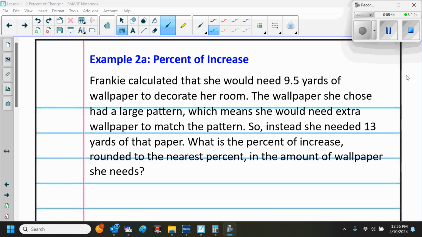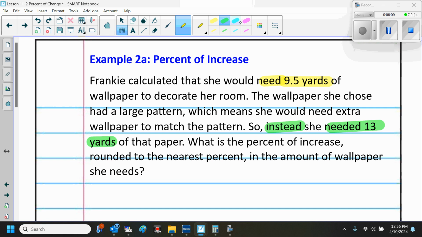Okay, so what is important? What do we need to highlight here? Right. So she originally said that she needed 9.5 yards of wallpaper. But then she said that she needed extra so she could get that pattern. So instead she needed 13 yards of that paper.